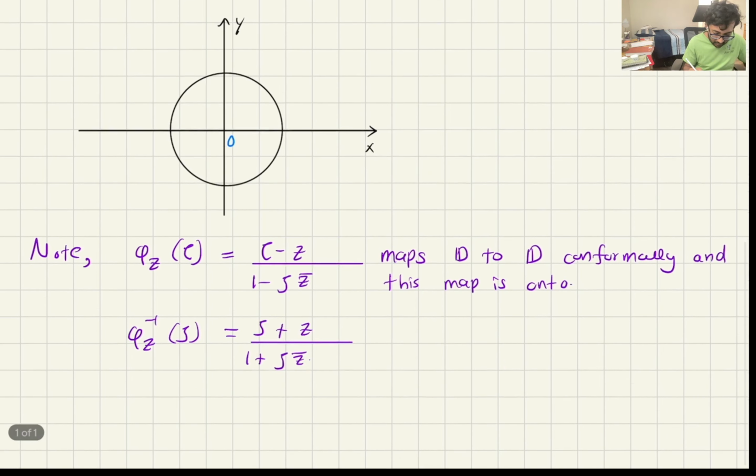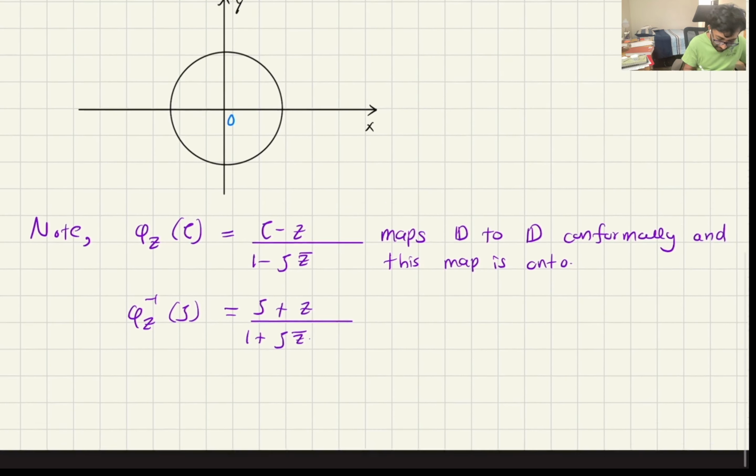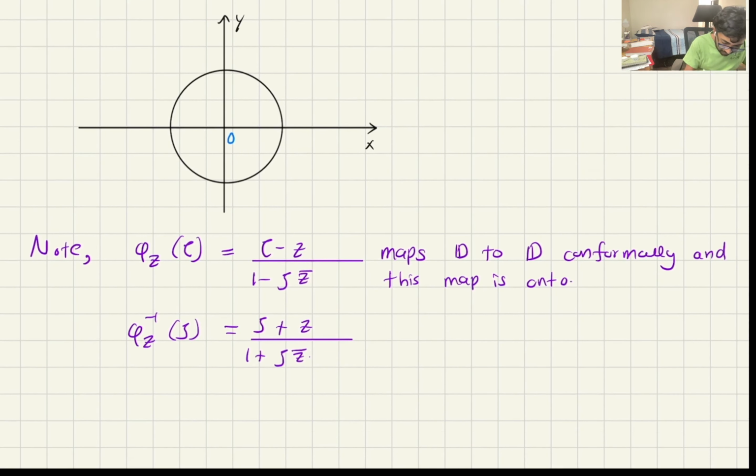If you consider the first map, you can note that phi_z(z) is equal to 0.